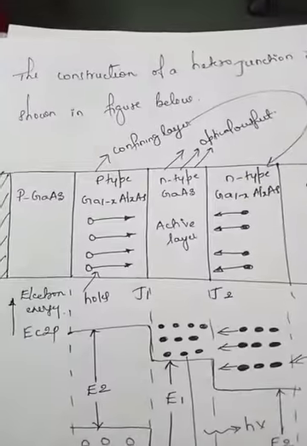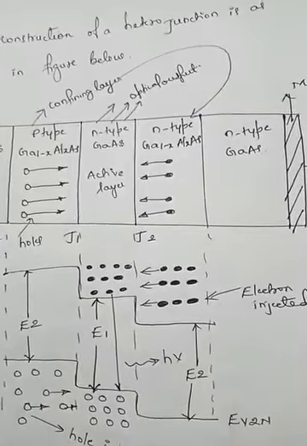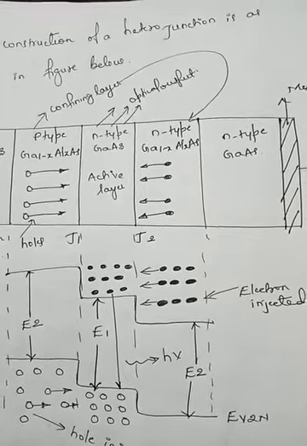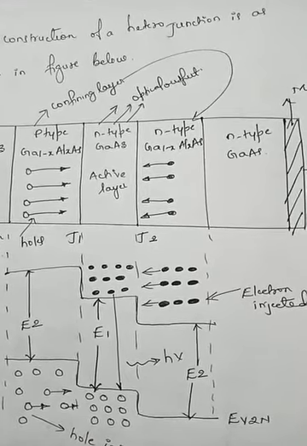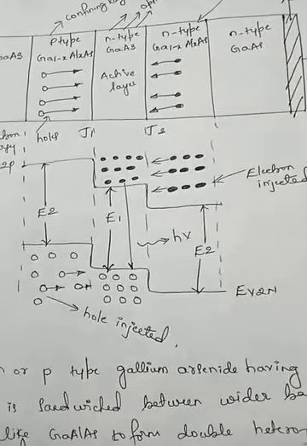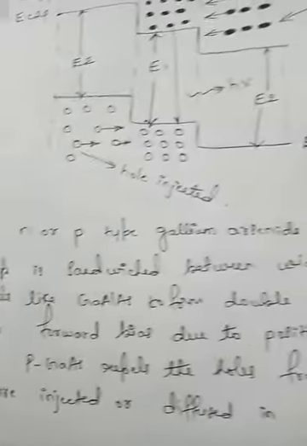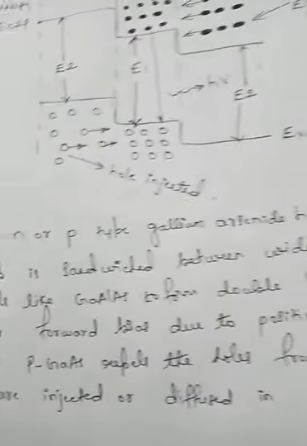So this is the construction of heterojunction as shown in the figure here. It has got 5 layers and optical output from the narrow active layer takes place. The P and N type gallium arsenide having narrow band gap is sandwiched between wider band gap material like GaAlAs to form a double heterojunction.